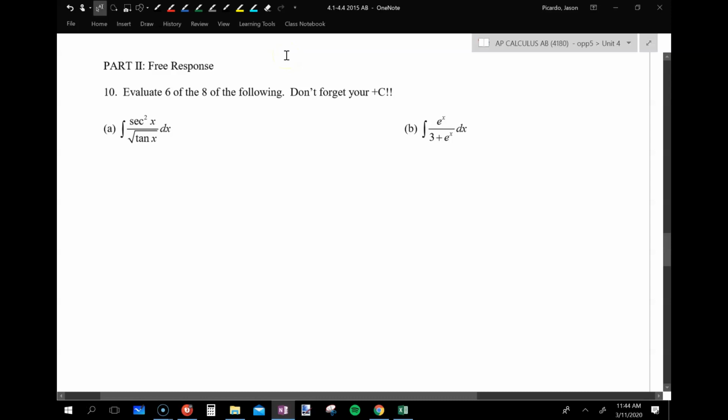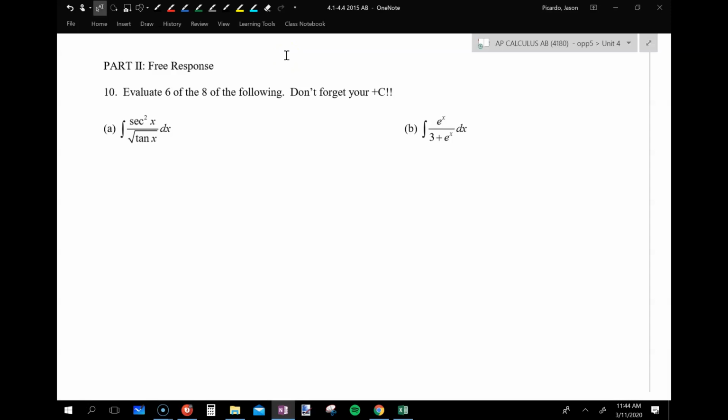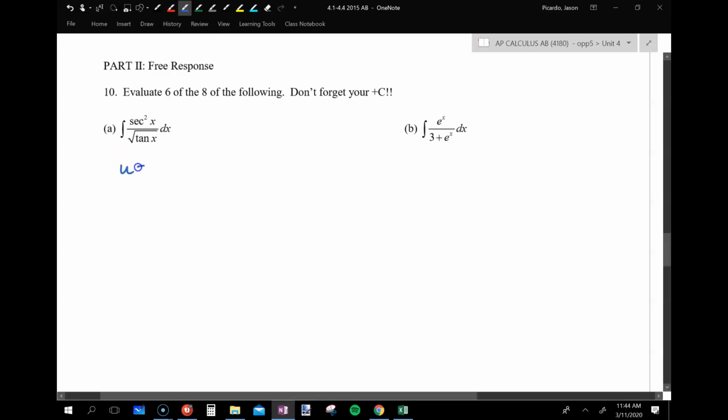All right, free response. All right, number 10. This is a straightforward, do you know the derivative and antiderivative of tangent?